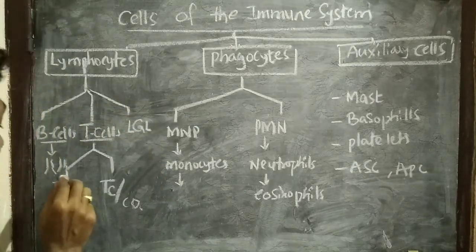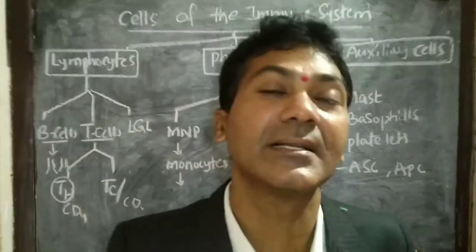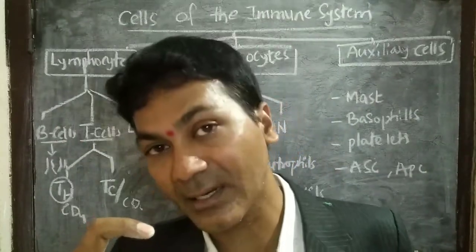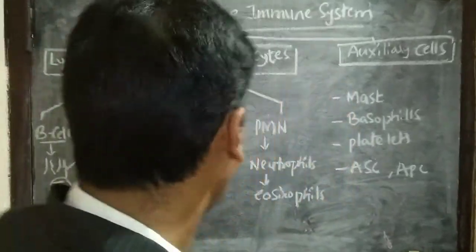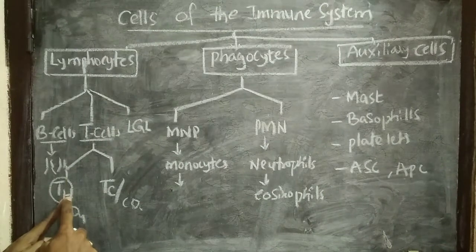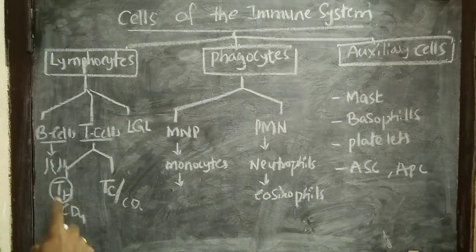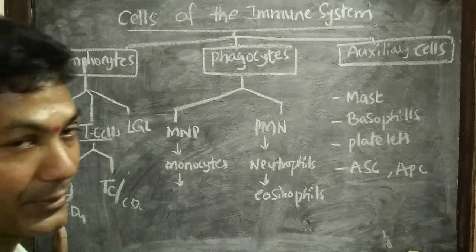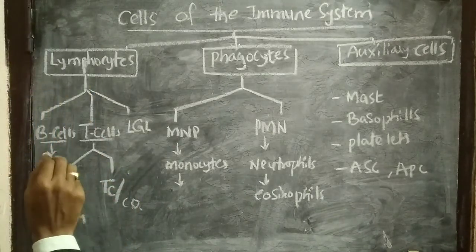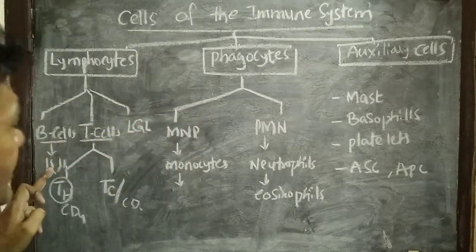So TH cells differentiate the B cells into memory cells and effector cells. Effector cells produce the antibodies. So remember, T helper cells release interleukins on the B cell to differentiate it, so that antibodies will be produced. By the production of antibodies, the immune response is created.